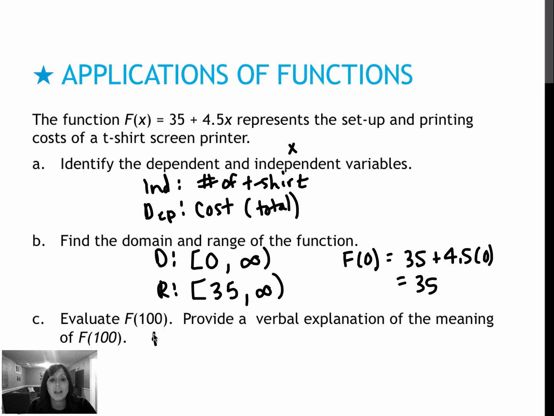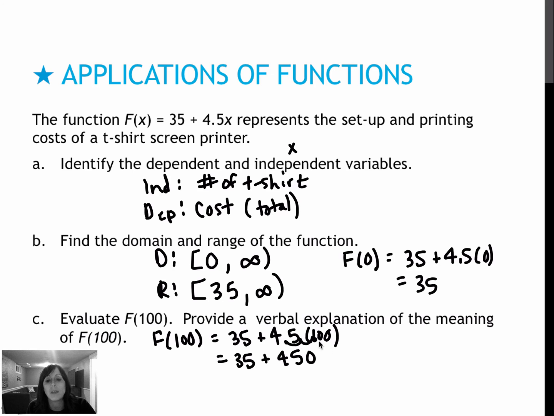The last question asks me to find f of 100, which means rewrite my equation and replace any x with 100, then simplify. For this one, I would get 35 plus 450, because I would move that decimal 2 places. 35 plus 450 is 485.